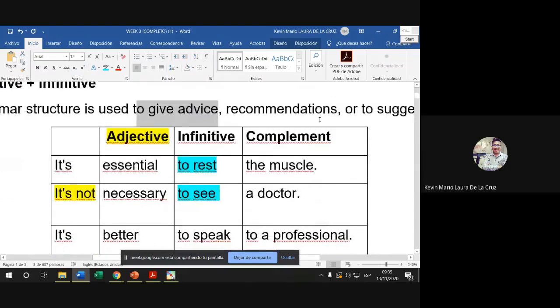Que es dar consejos, recomendaciones y sugerencias del caso. ¿Correcto? Entonces recordamos que después de usar estos adjetivos, tenemos que usar los infinitivos, ¿no? Los infinitivos con el verbo tal cual.